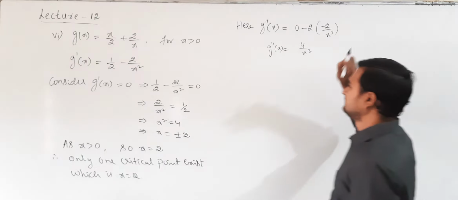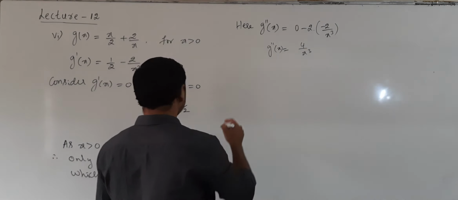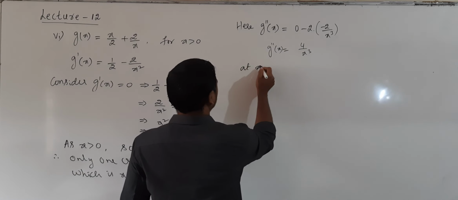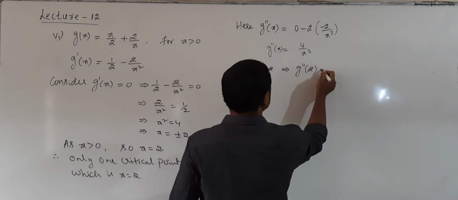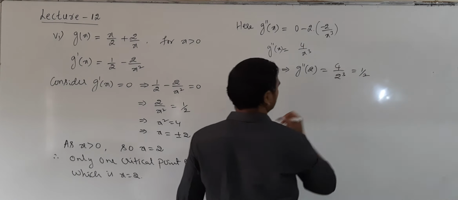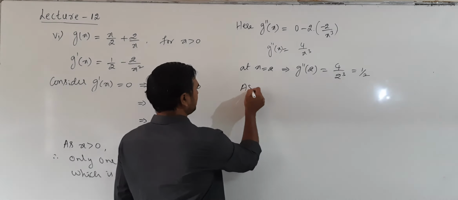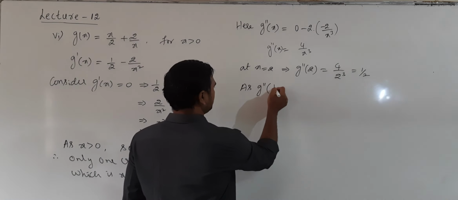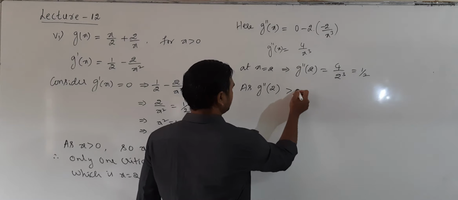Now find the sign of the second derivative at this critical point x equal to 2. x equal to 2 implies g double dash 2 is 4 by 2 cube, which is 1 by 2. So 1 by 2 is positive, as g double dash of 2 is greater than 0.